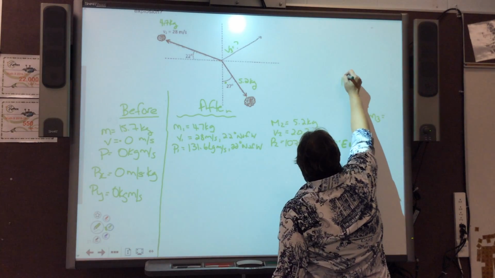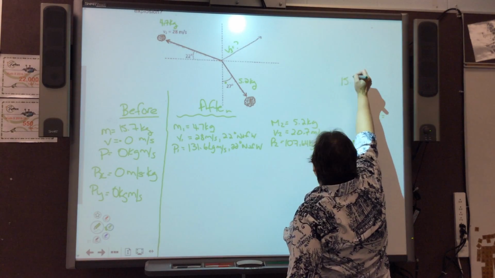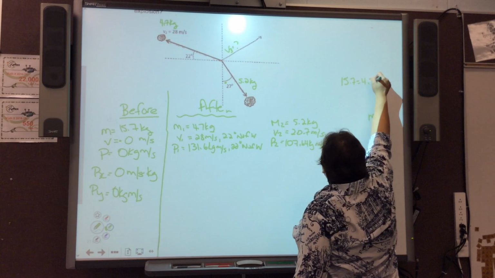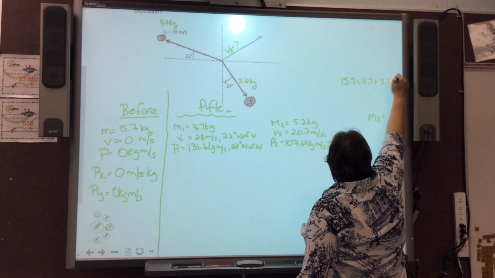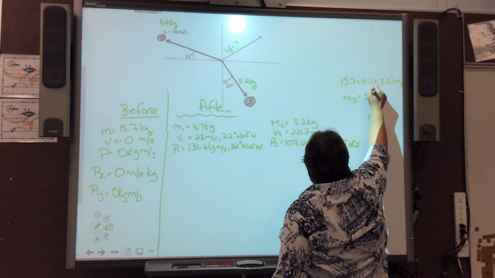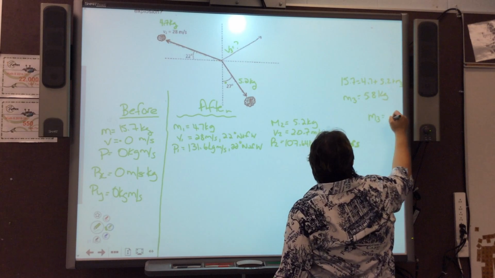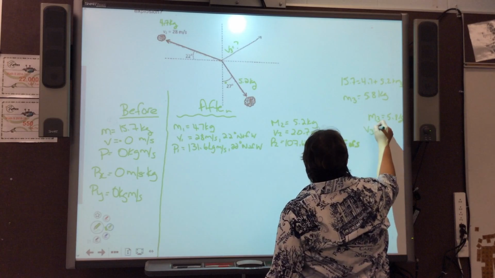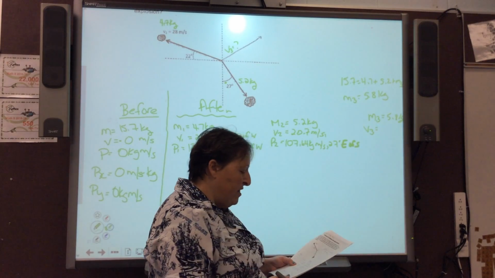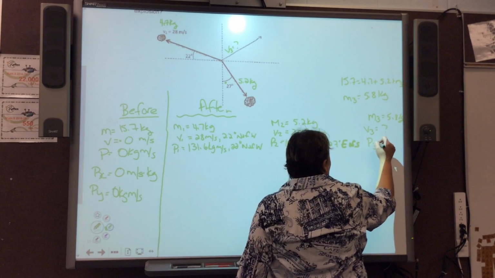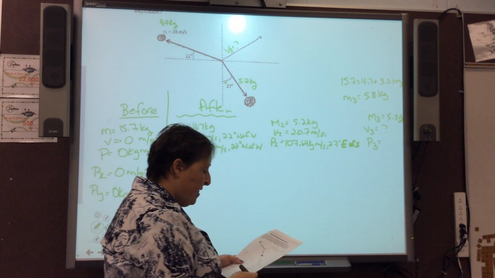We had a total mass before and we have to conserve mass. 5.8. And it's asking us to find the velocity.